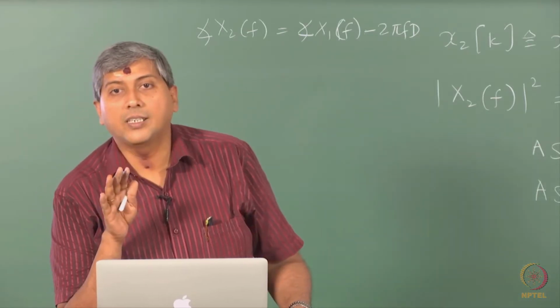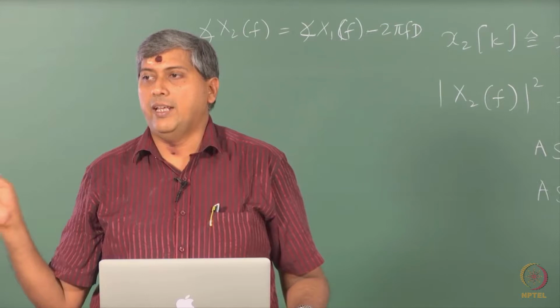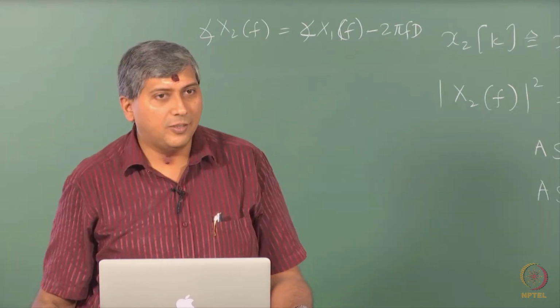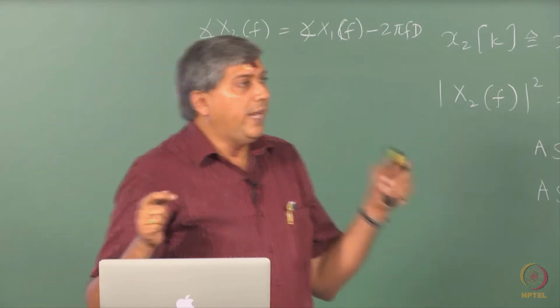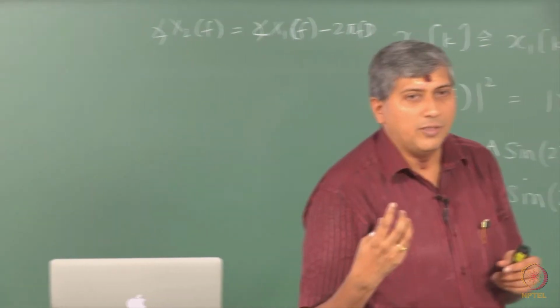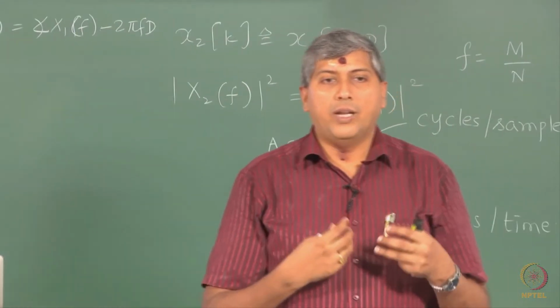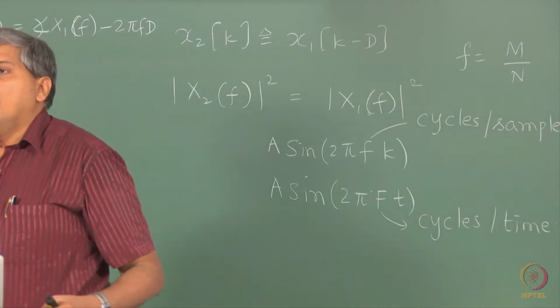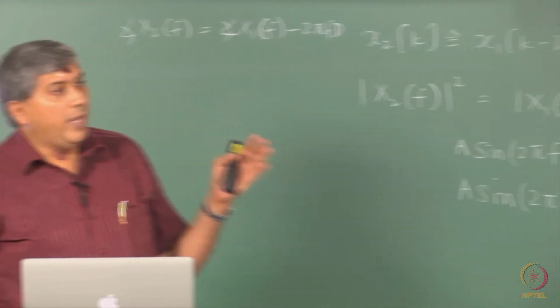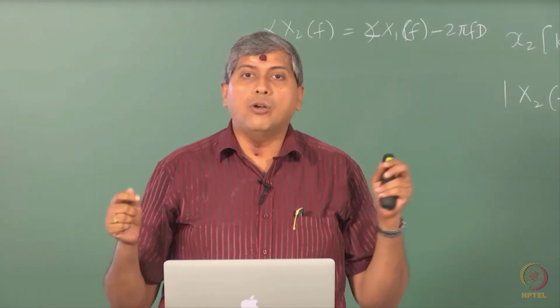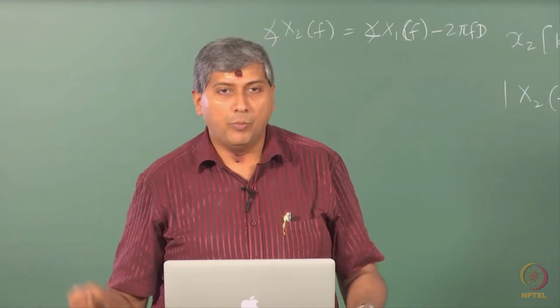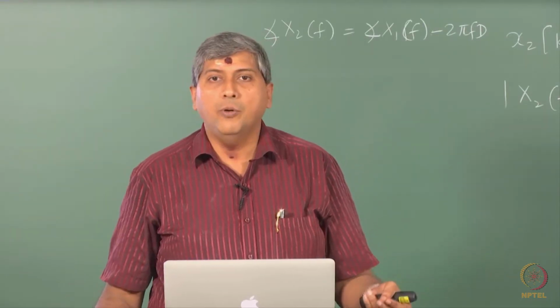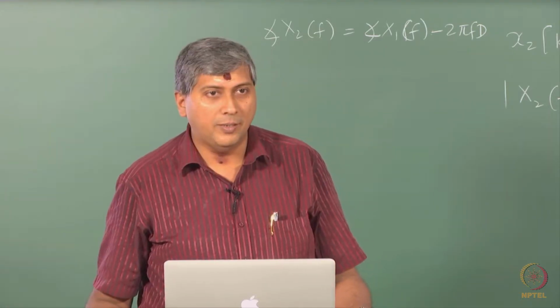In fact, this relation is used extensively in estimating delays. As I said in radar signal processing, I would like to know, for example, how far the object is, or in input output systems, in many systems I want to know the delay between the input and output. So, imagine that x1 is the input and x2 is the output of a system.